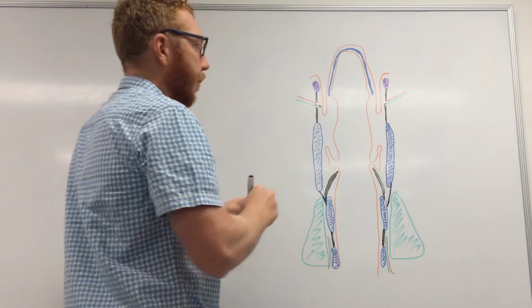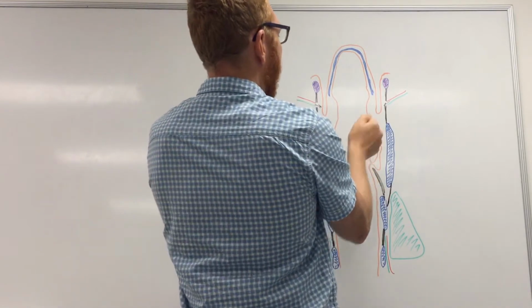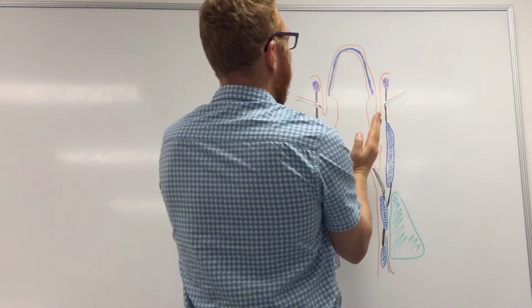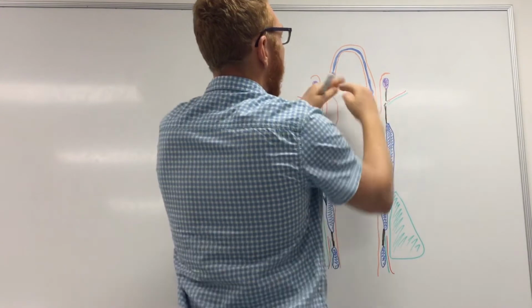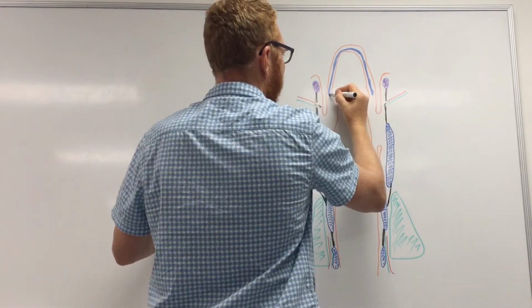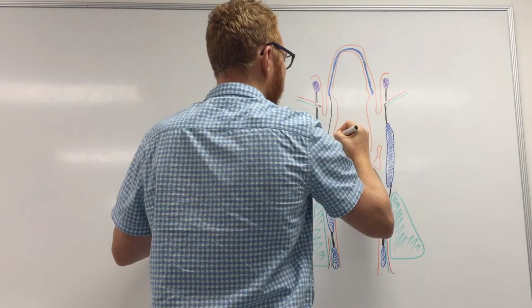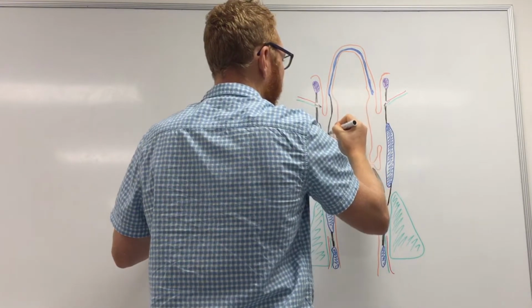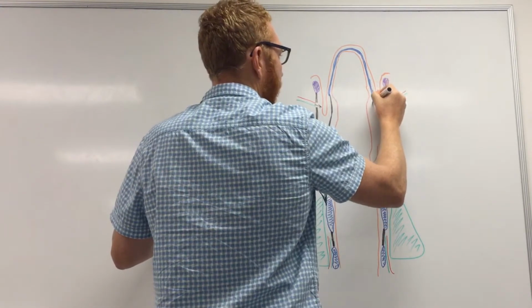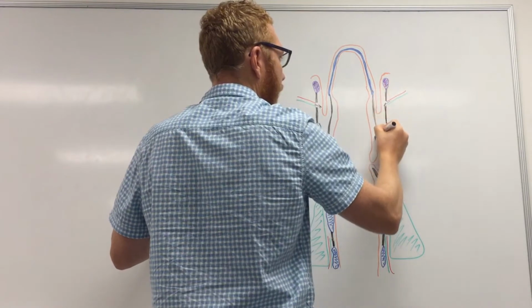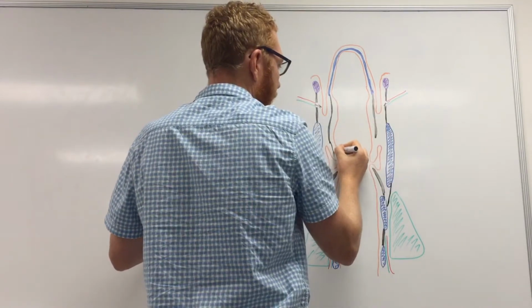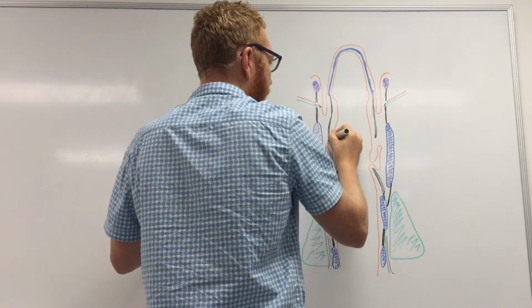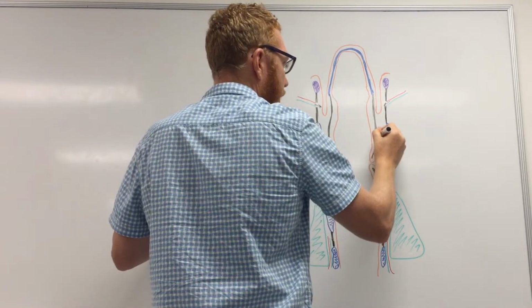Now where the arytenoids are sitting here, you can't really see the aryepiglottic fold, but what you can see is this membrane that's coming down like so, which is the quadrangular membrane. That's coming down like this, and then it will come out down here to give you the vestibular fold.